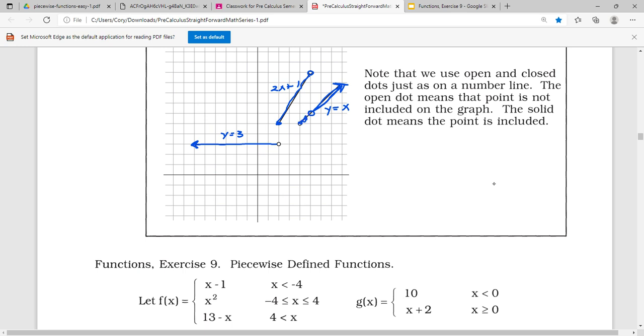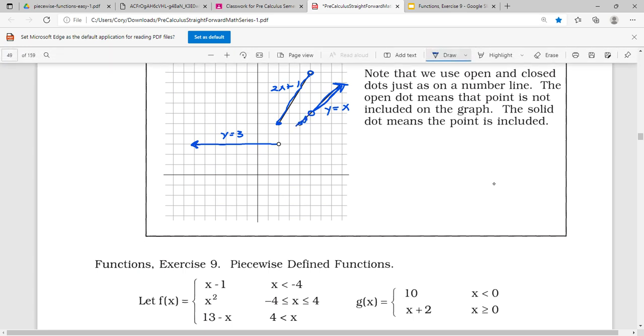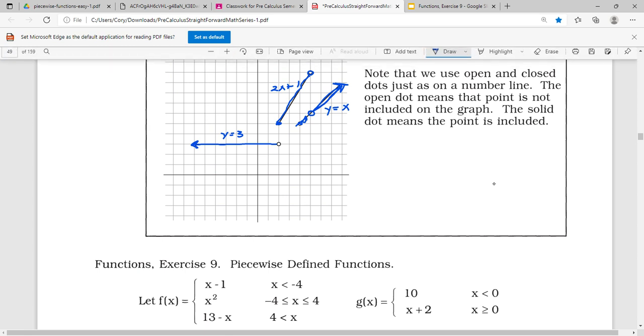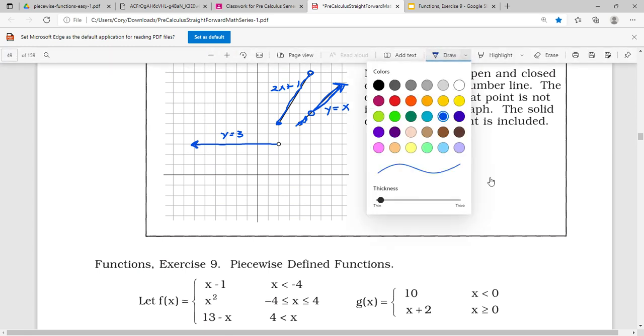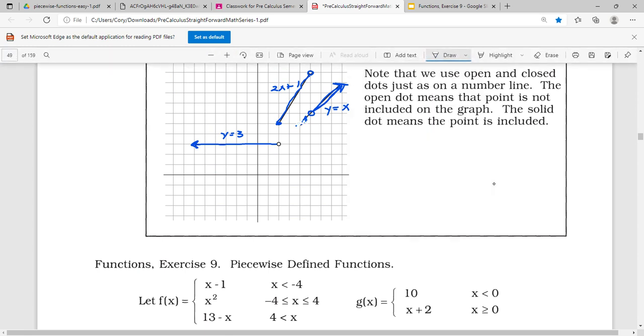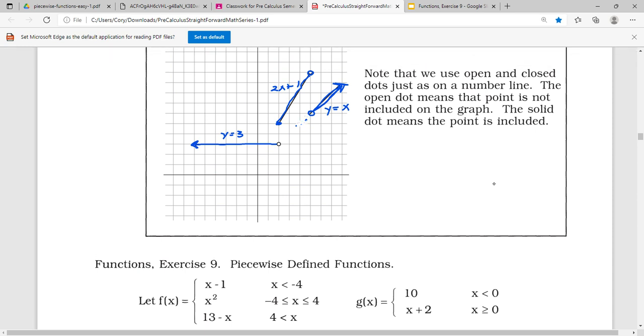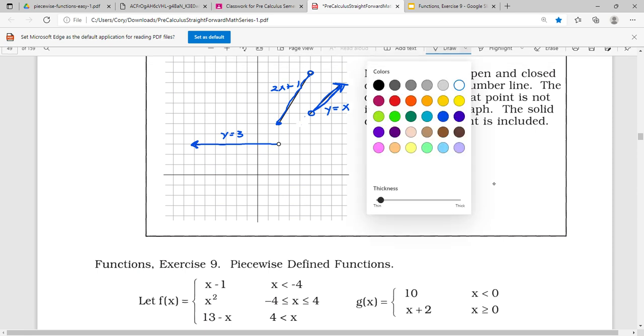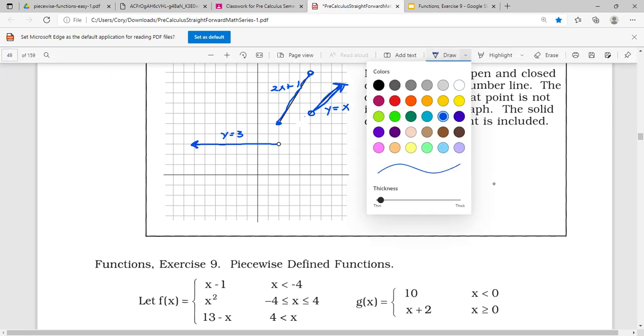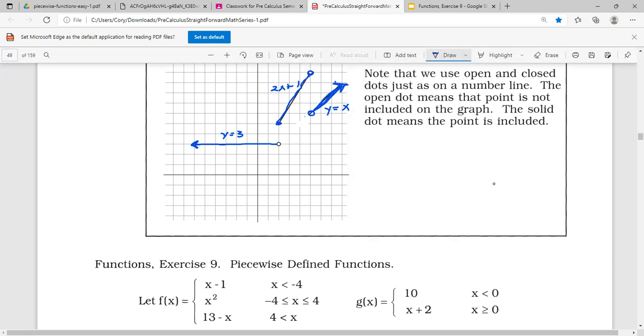That shouldn't be there. See if I can draw white. There we go. Fix that. Okay. So that keeps going in that direction, and you see how both of these are open circles because nothing is actually equal to 5. It's whatever's greater than 5, and this one is where it's less than 5.